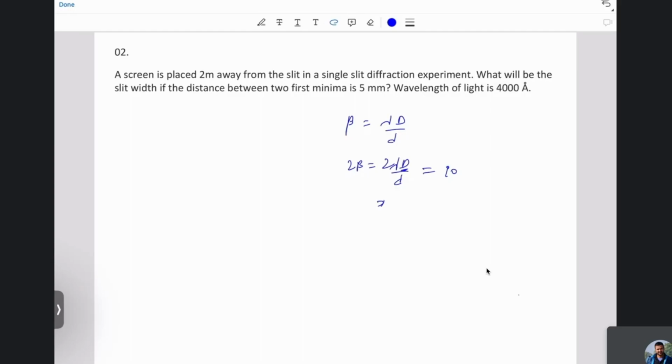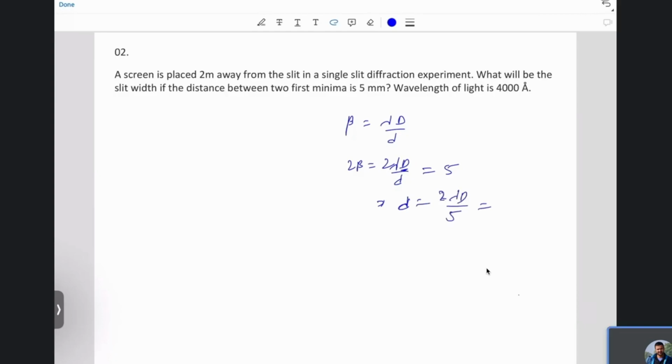Wait. Oh, okay. First 2 minima is given. That is 2 beta is 5. Yeah, sorry. Then d is just 2 lambda D by 5.